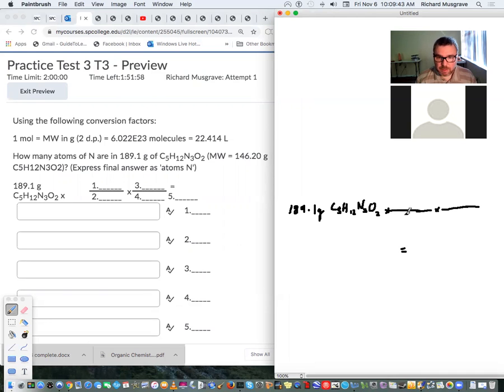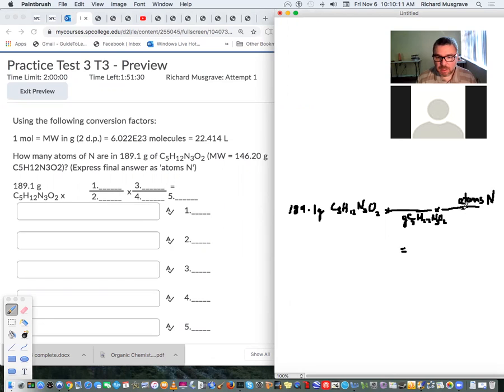Now, what we know is that it's going to be grams of C5H12N3O2 on the bottom. And we know we want to finish with atoms of N, because that's what we're looking for, atoms of nitrogen. We know we've got 2 steps because I show you that in the actual problem. So there's no doubt that you actually have to do this in 2 steps. So fill it out that way.